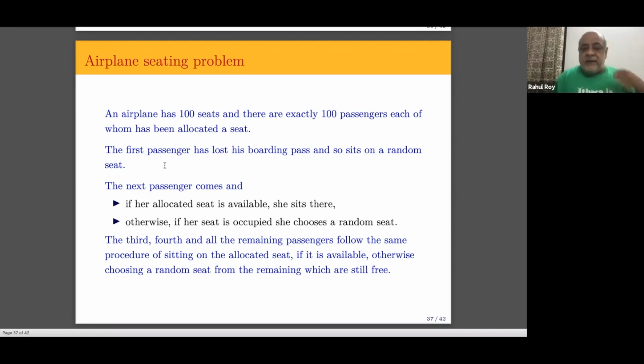Otherwise, if her seat is occupied, she chooses a random seat. The third and the fourth and all the remaining passengers follow the same procedure. In other words, when you go in, if your number is 15, if you see that seat number 15 is free, you go and sit there. If not, you just choose another seat at random and you sit there.